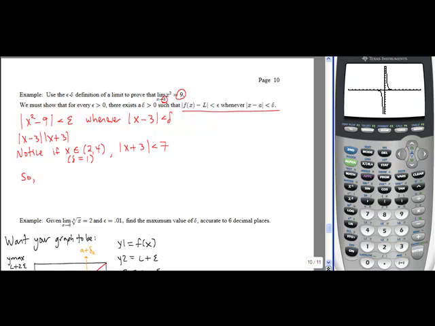So if the absolute value of x minus 3 is less than delta, then the absolute value of x squared minus 9, which is absolute value of x minus 3 times absolute value of x plus 3, becomes less than, this is our less than delta, and this is our less than that bound 7.